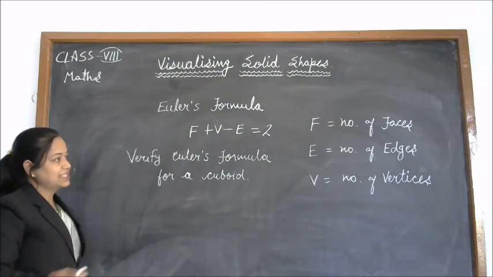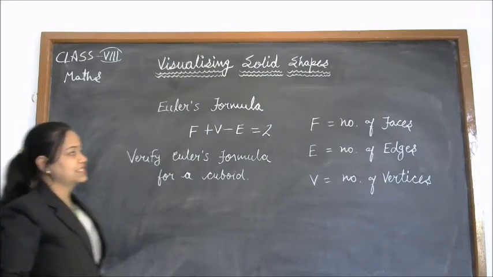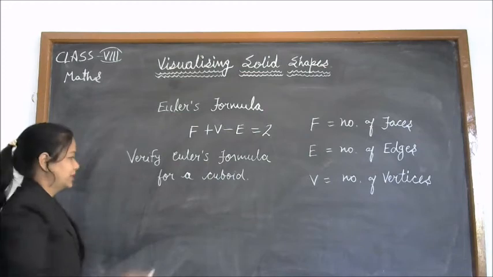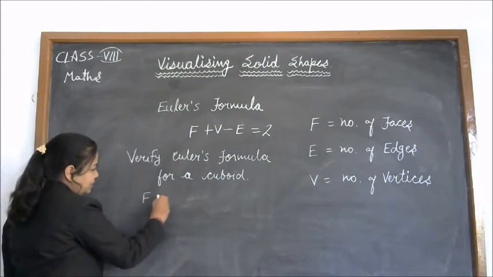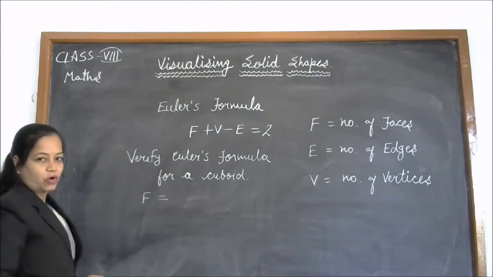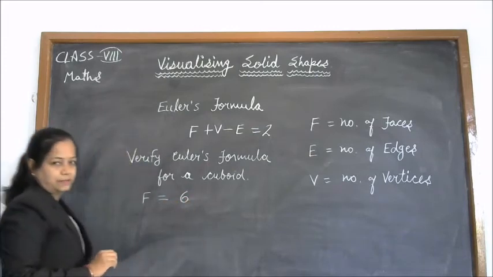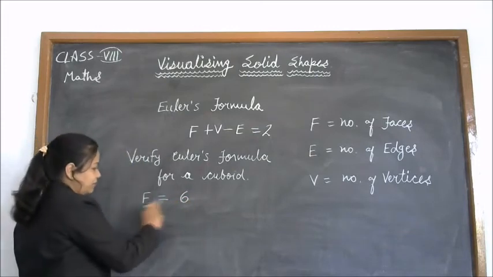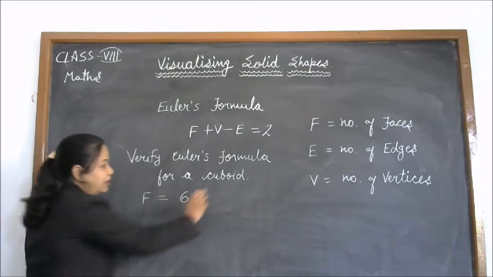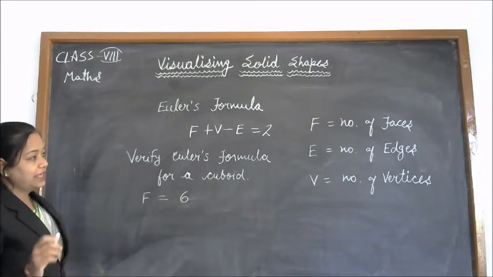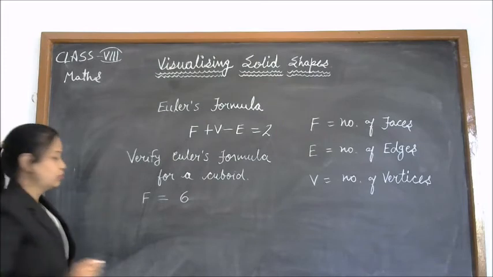So students, just tell me how many faces are there in a cuboid? Yes, there are 6 faces. So the value of F will be 6 for a cuboid. How many edges are there in a cuboid?